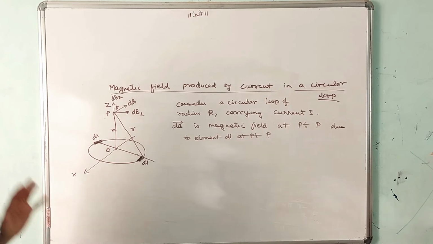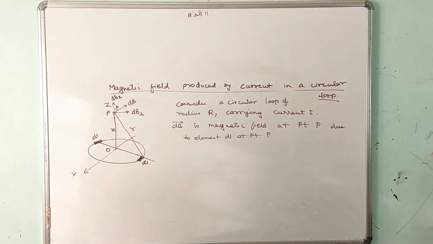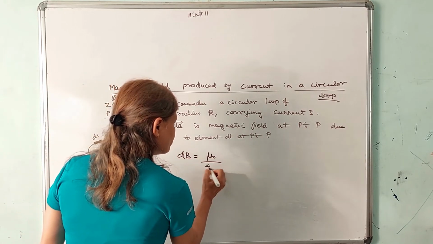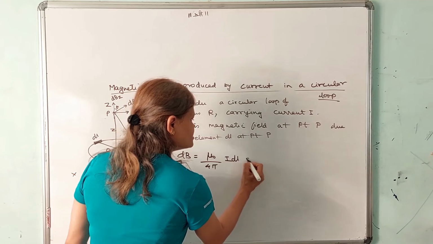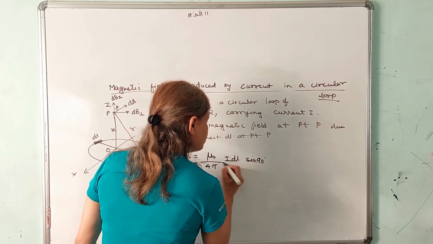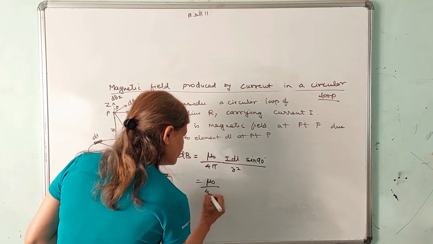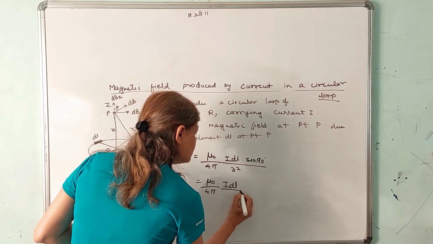Again we will use the Biot-Savart law and write the magnitude of dB. So dB is mu naught by 4 pi I dl, sin 90 here again, by r square, that is mu naught by 4 pi I dl by r square.